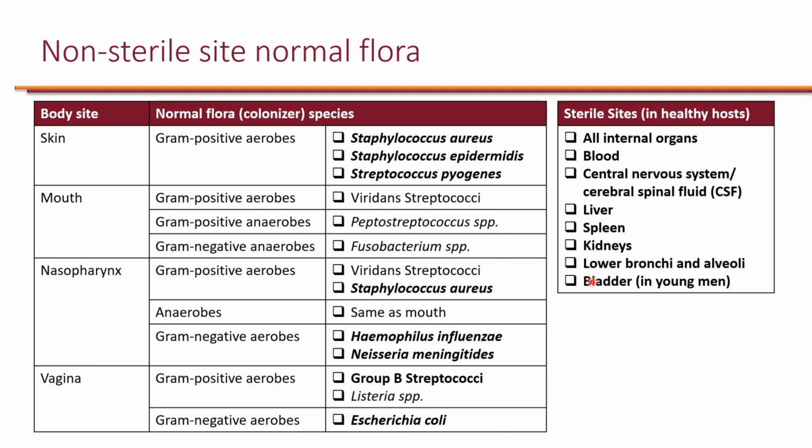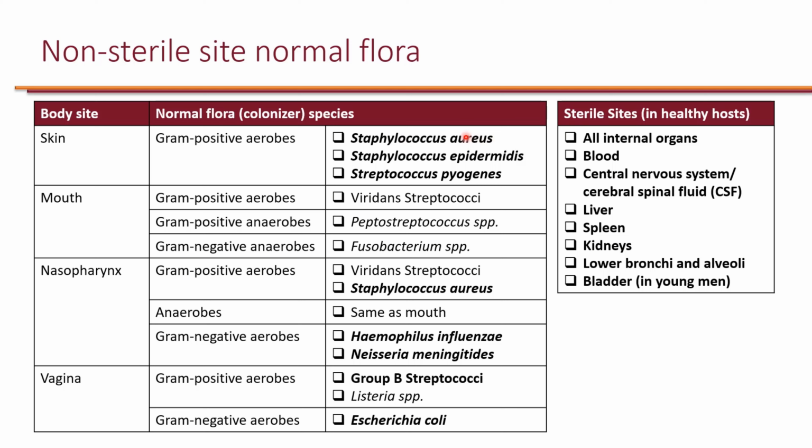So the bladder is kind of tricky on this list, but for the rest of this list, if you find an organism, it's likely due to infection. But let's focus on the normal flora in these other sites. So the skin in general has gram-positive aerobes, such as any Staphylococci species, including Staph aureus.